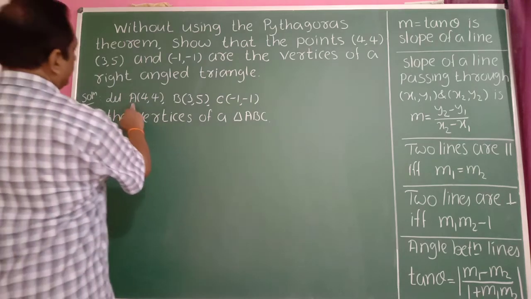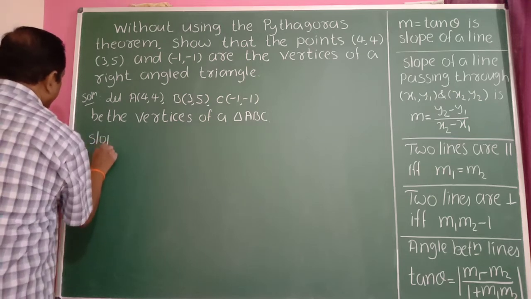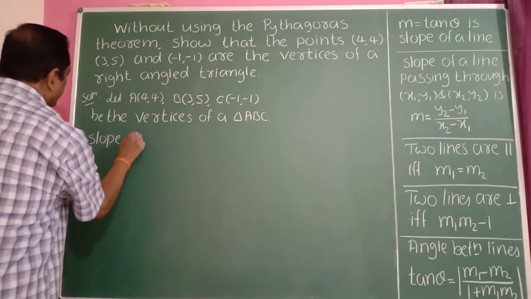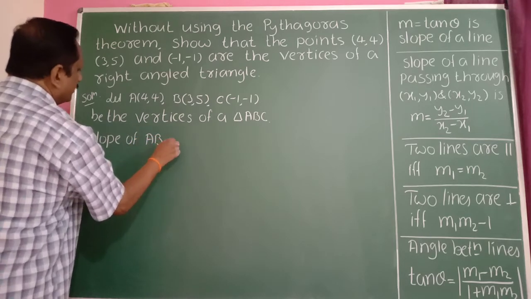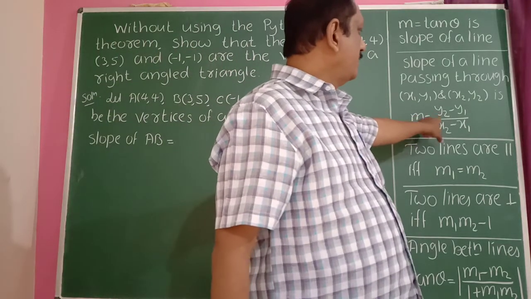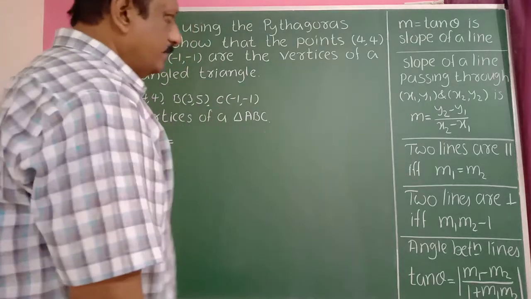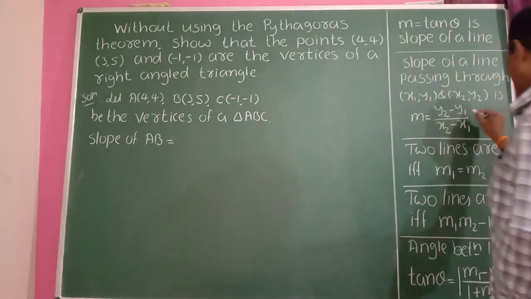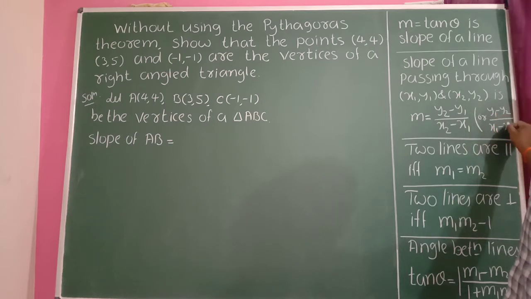Find the slope of the line AB. The slope of AB is, according to this formula, the difference of y coordinates divided by the difference of x coordinates. Instead of taking y2 minus y1, you can also take y1 minus y2 divided by x1 minus x2.